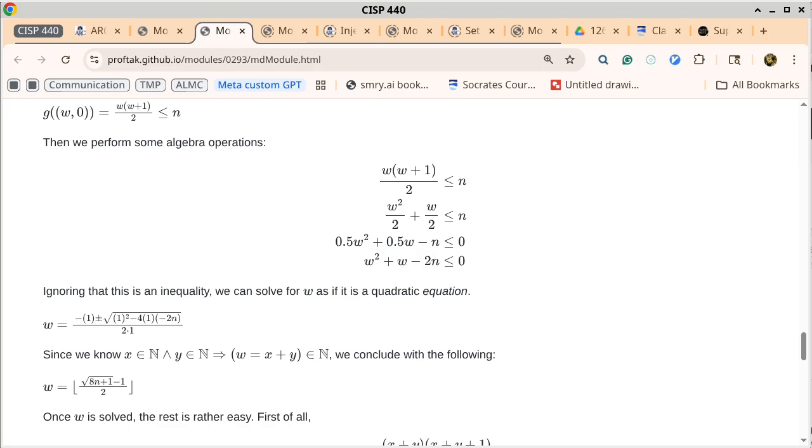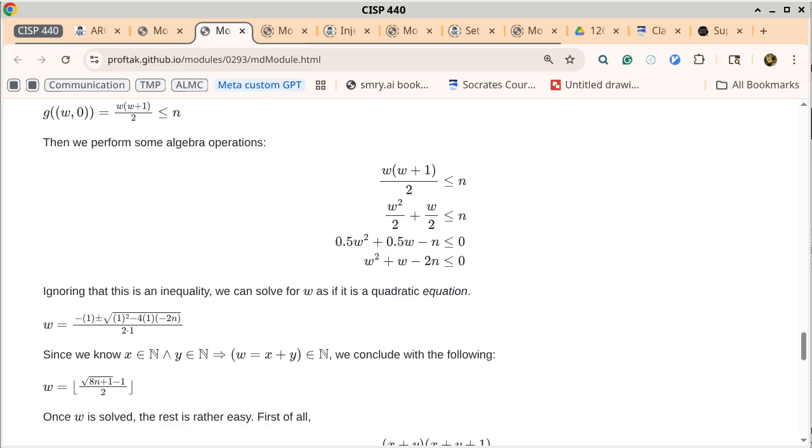So w has to be non-negative, which means the operator has to be a plus or a minus. We're only focusing on the plus because that's the only way we can end up with a non-negative root.